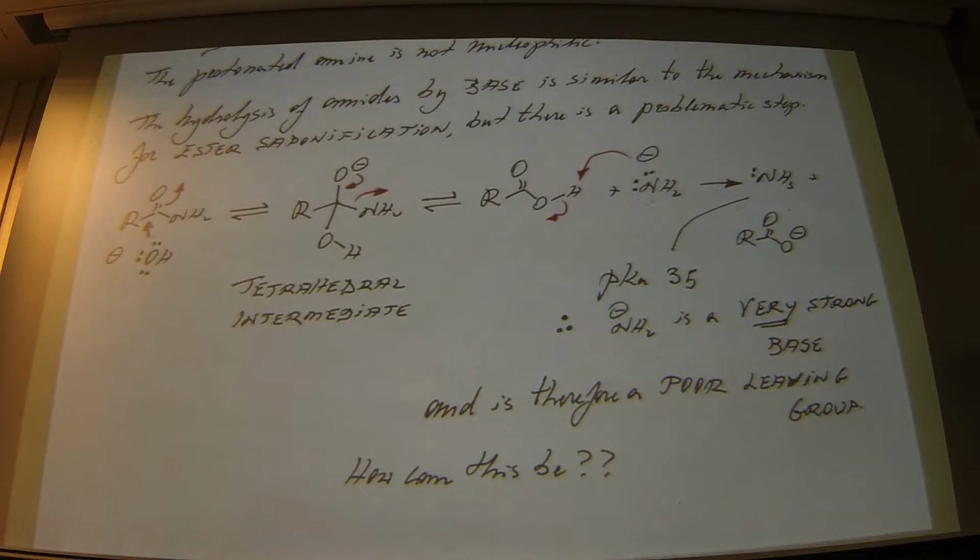Well, let me just take a little detour here so you can understand what that means. In your book, you've seen it mentioned a few times that concerted reactions, where everything happens in one step, very often have lower activation barriers than the equivalent stepwise process.